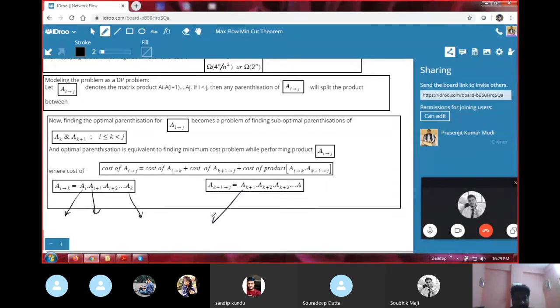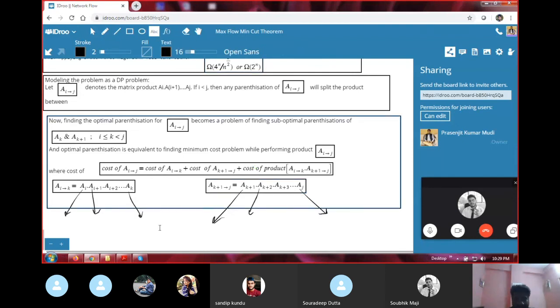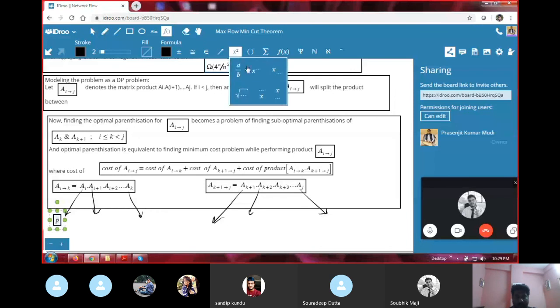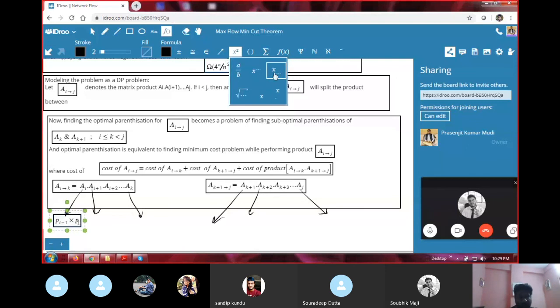Similarly, this will have its own dimension, and finally this one too. So the dimension of A_i is p_i-1 cross p_i.